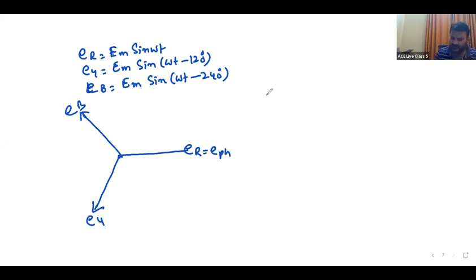Line voltage is equal to ERY, between phases. That is equal to ER minus EY. So ER minus EY means the line voltage. It will be like this: this is minus EY.